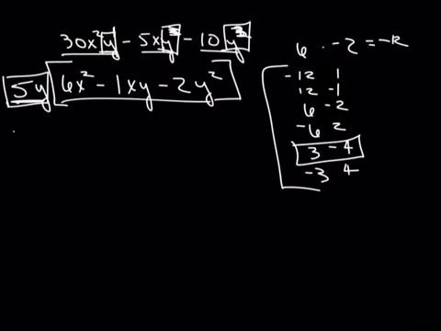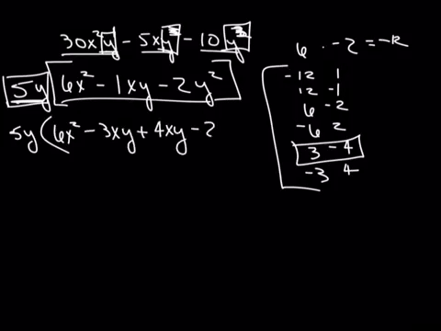So that's what I'm going to do here. I'm going to rewrite this as 3xy plus 4xy minus 2y squared. Okay, so now when I add these together, what do I get? I get a +1, which is wrong. So let's put the right one in there. Okay, I could say I did that on purpose, but I didn't.